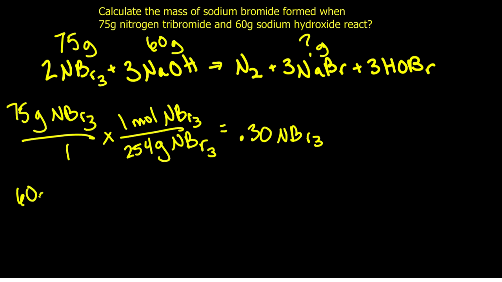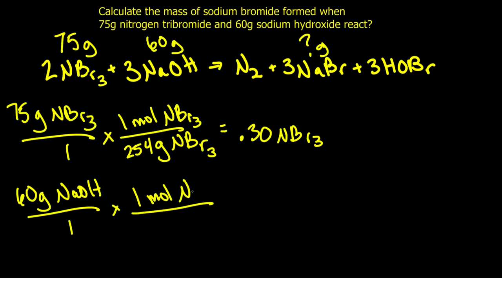Now I got to figure out how many moles of sodium hydroxide are there. Well, I got 60 grams of it. Put that over 1. So 1 mole of sodium hydroxide is equal to how many grams of sodium hydroxide? Well, sodium weighs 23. Hydrogen weighs 1. Oxygen is 16.